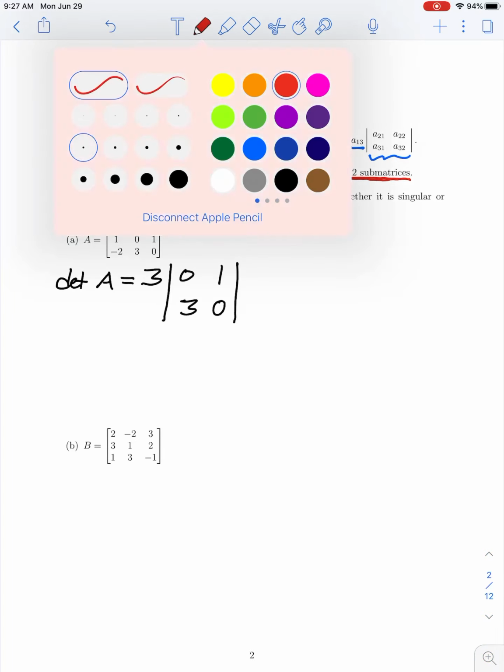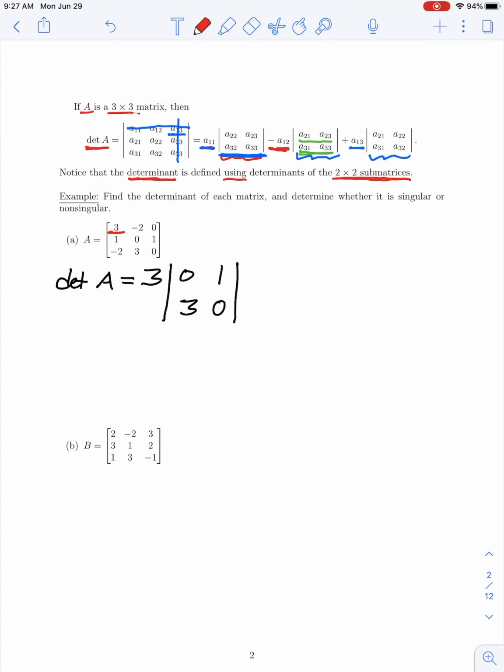Then our next term, remember we're taking the negative of A12. So taking the negative of this negative 2, we would be adding 2 times the determinant of the 2 by 2 submatrix we get by deleting that row and column. So that would leave me 1, 1, negative 2, 0.